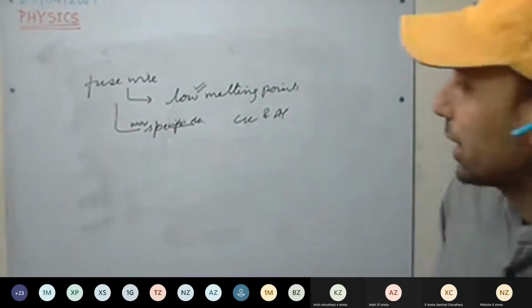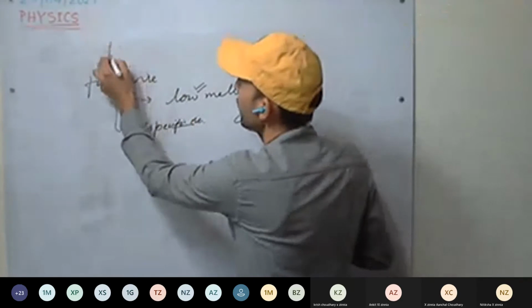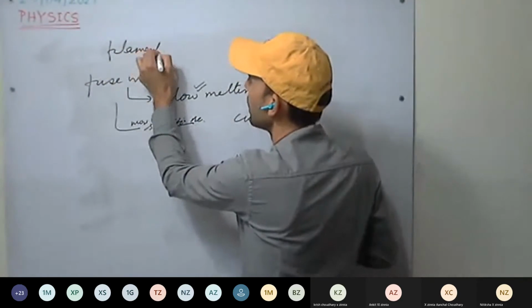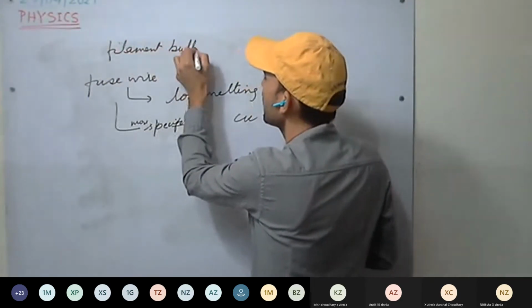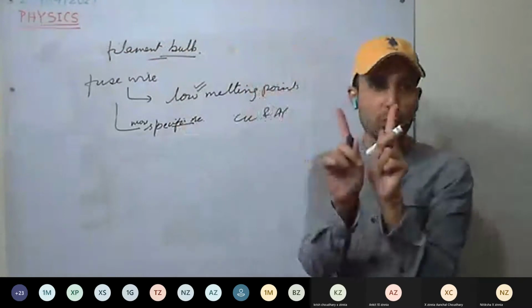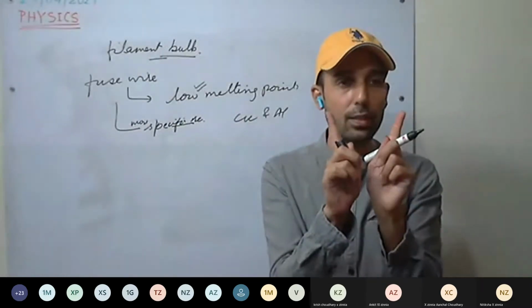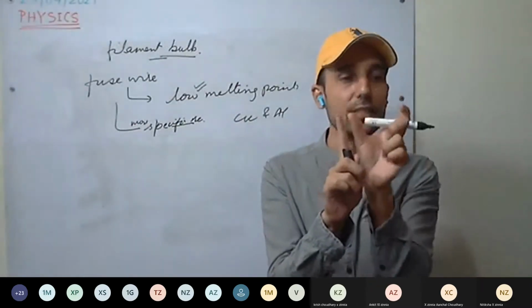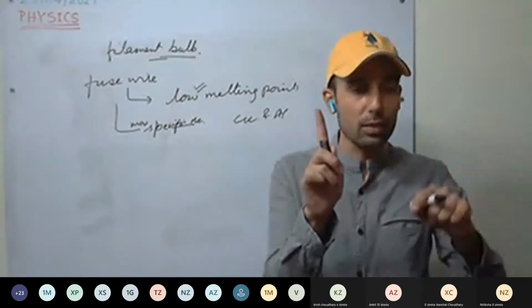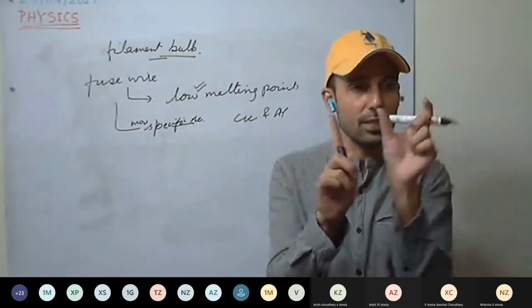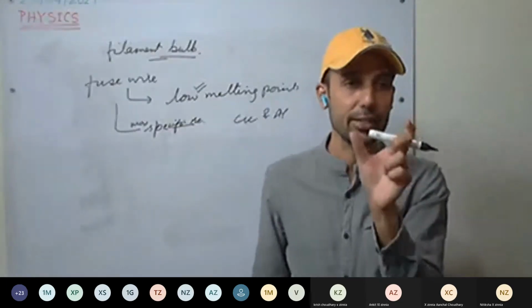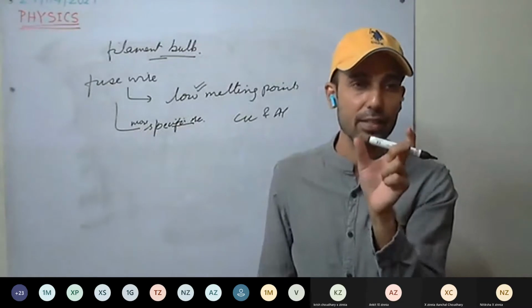Next is the filament of the electric bulb. You have seen the filament bulbs. There is a filament in the bulb between two rods. There is a small wire, that is the filament. Now, as the current passes, this filament has a high resistance.